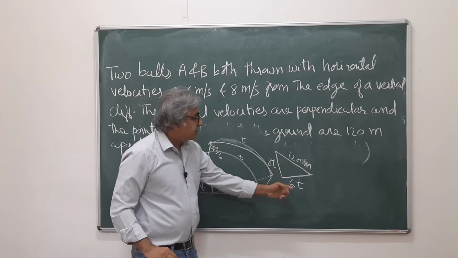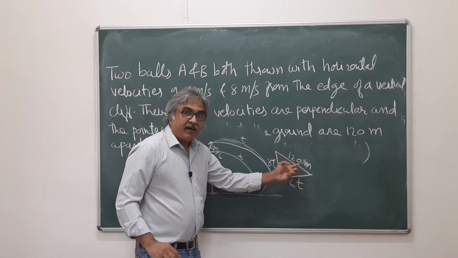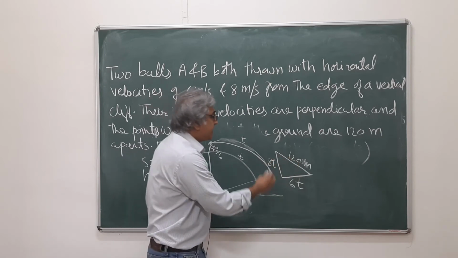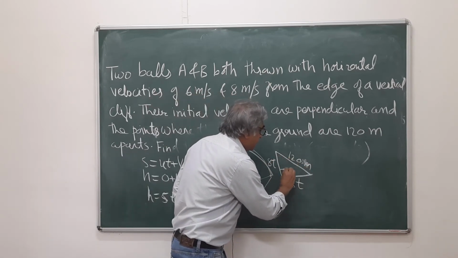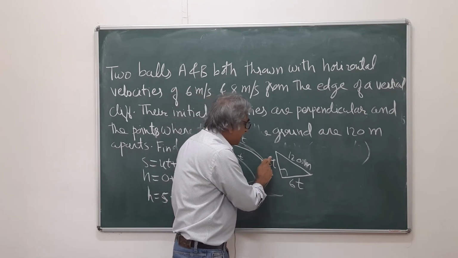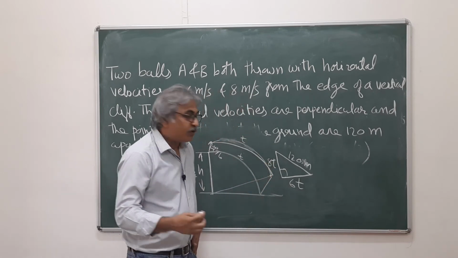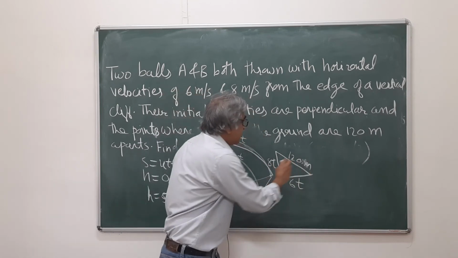Now you have a relationship. This is a triangle, and we can use Pythagoras theorem. This is a rectangle, right? Because this is perpendicular. So we can say 8t whole square plus 6t whole square is equal to 120 whole square.